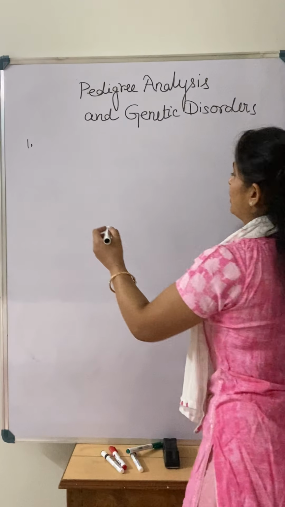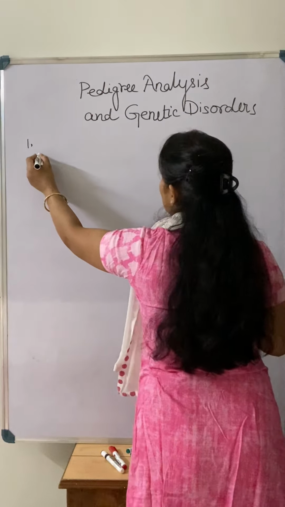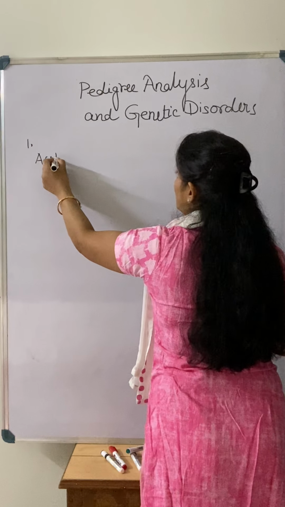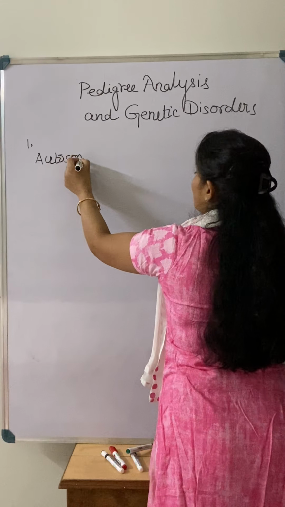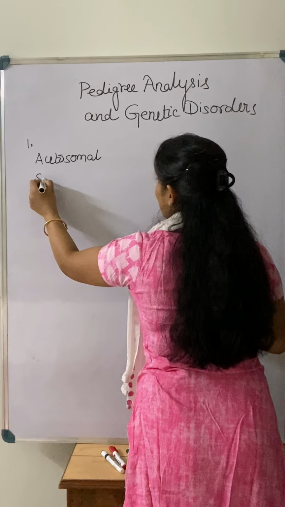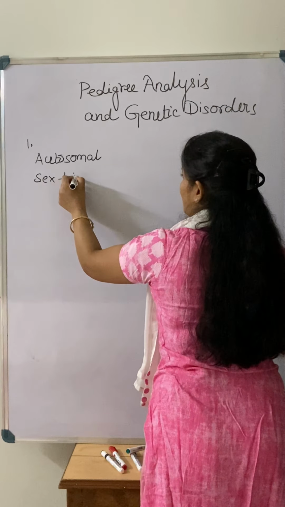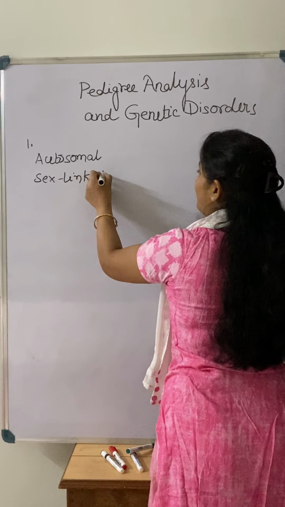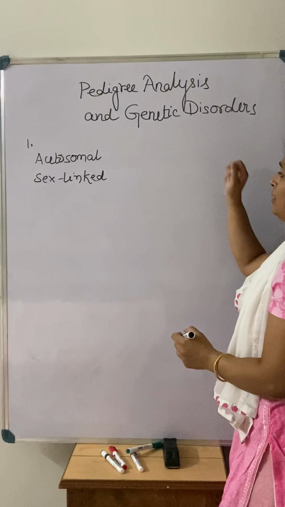First of all, there are 2 things we should know: whether it is an autosomal disease or whether it is a sex-linked disease. This is the first point that we have to know for any genetic disorder.